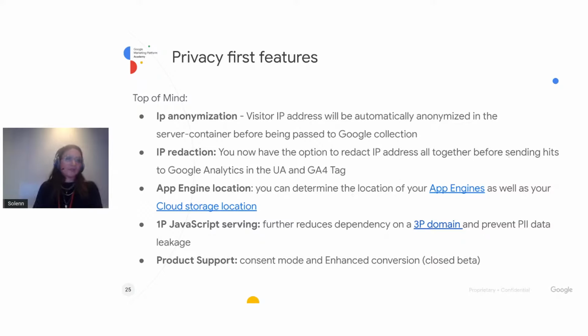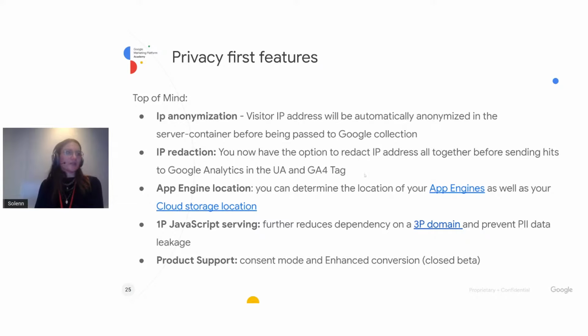Even before it sends the data to any GA endpoints, it's already anonymized. So everything happens within the container. IP reduction, I will have a slide afterwards to show you how easy it is. You have a Boolean possibility, true or false, or you can get a bit more into details with variables to actually do the IP reduction.